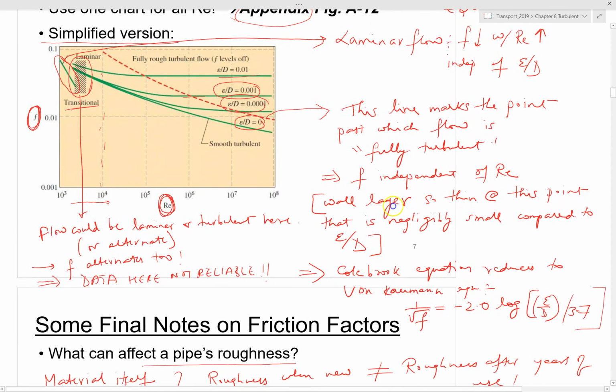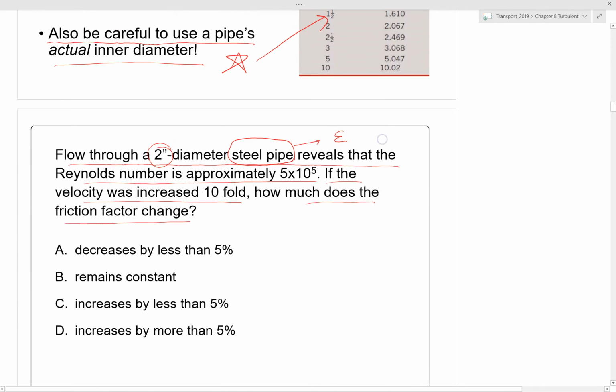So what is your E over D value? 0.00015 feet divided by 2 inch, changing the unit conversion, it is around 9 times 10 to the power minus 4.